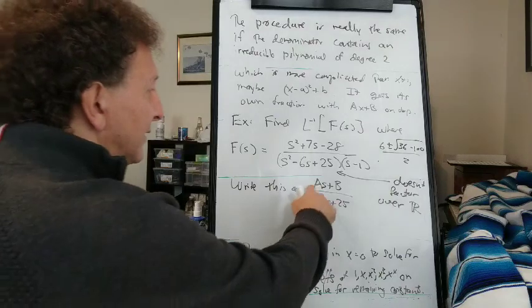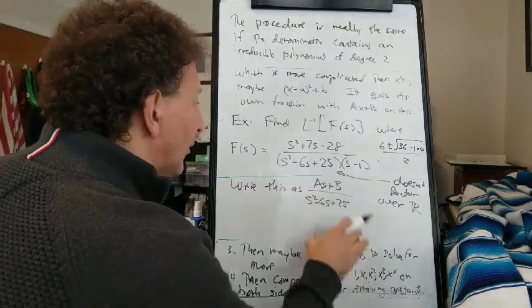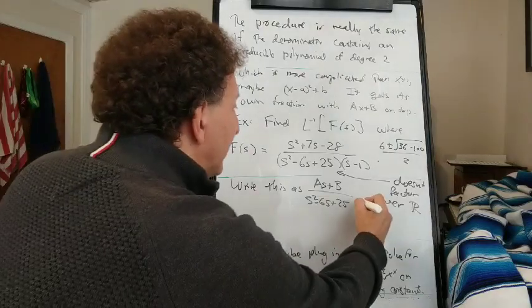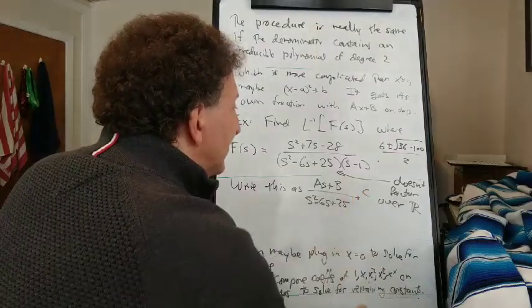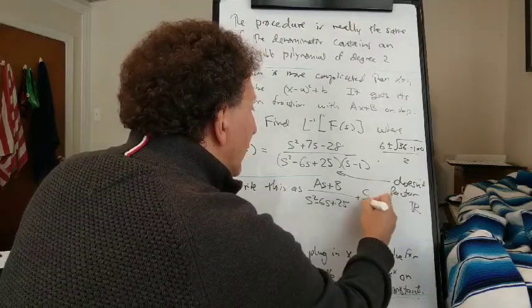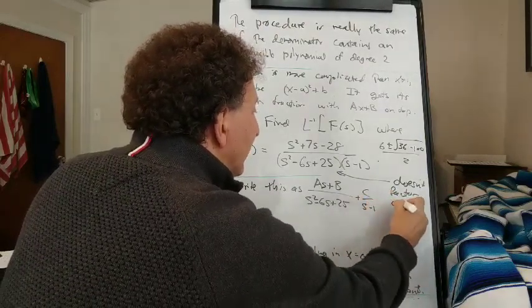Alright, so we can write this as as plus b over s squared minus 6s plus 25 plus c over s minus 1.